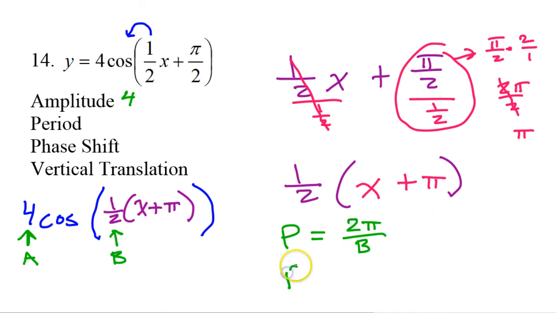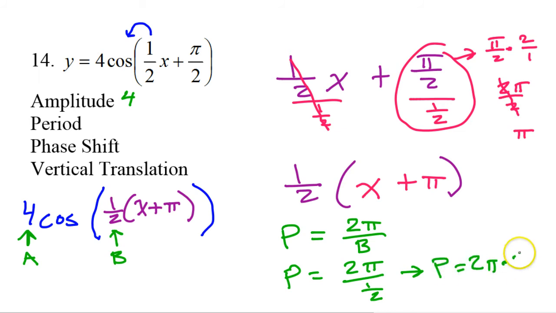So that means the period is going to be 2 pi divided by 1/2. And again, when you divide by a fraction, you multiply by the reciprocal. So that means that the period is going to be 2 pi times 2. So that means the period is going to be 4 pi. Okay, so the period is 4 pi.